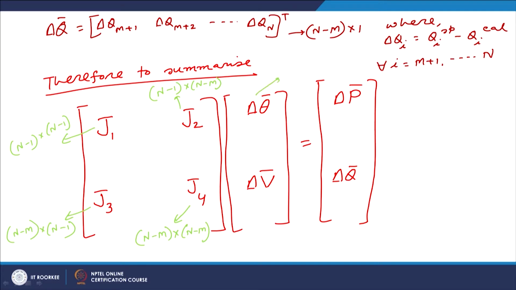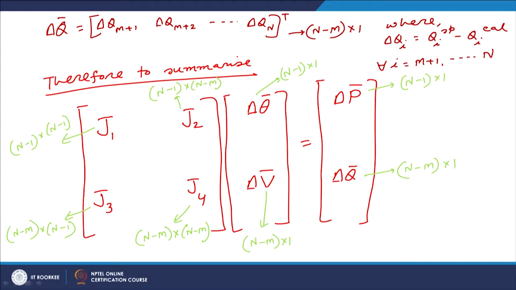This has a dimension of n minus 1 cross 1, this has a dimension of n minus m cross 1. Delta p has a dimension of n minus 1 cross 1. Delta q has a dimension of n minus m cross 1.